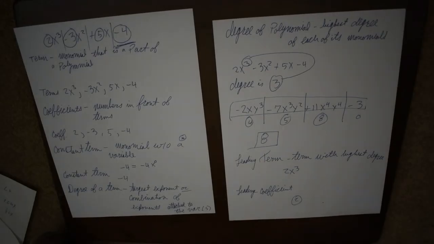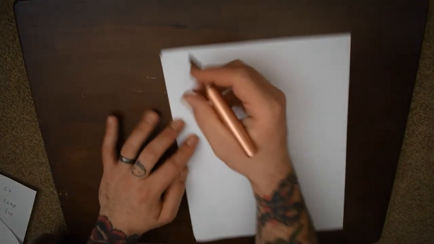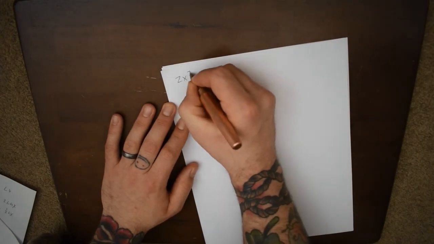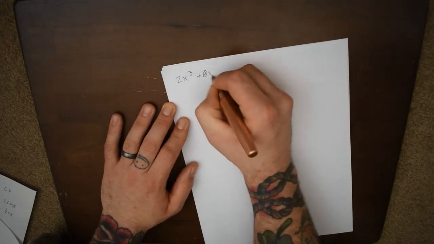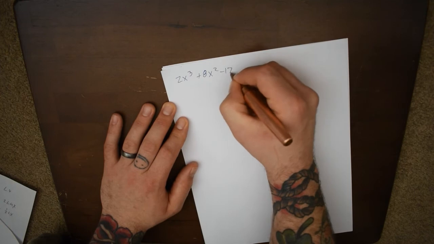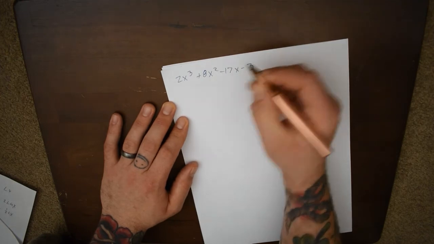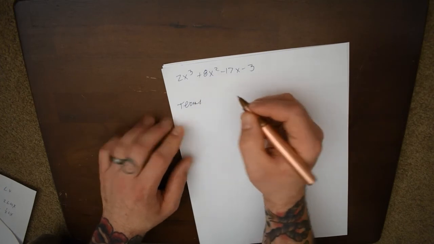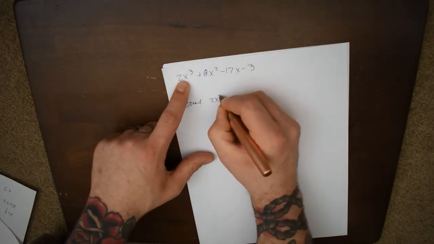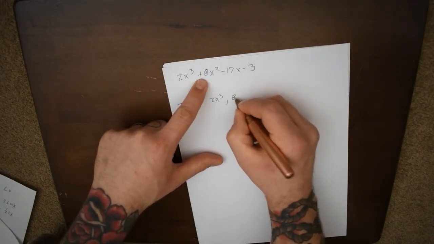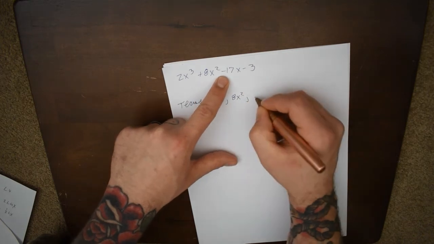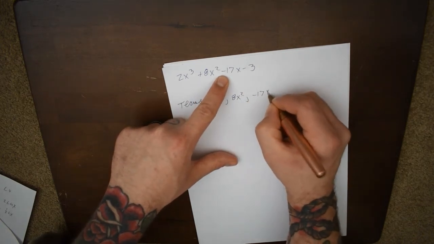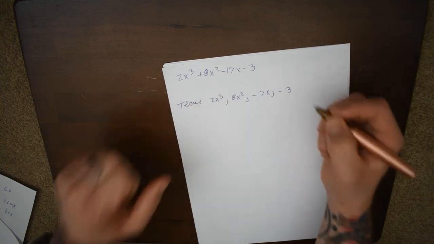So I'll give you one final example of that, or maybe two. Let's say we had 2x cubed plus 8x squared minus 17x minus 3. All of our terms are going to be 2x cubed, 8x squared, negative 17x, and negative 3.